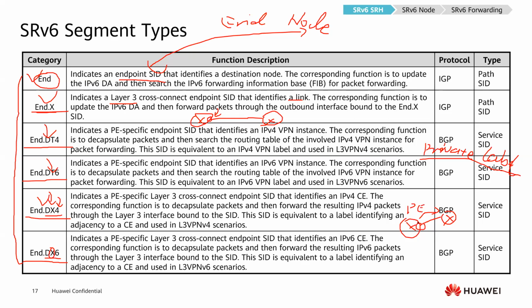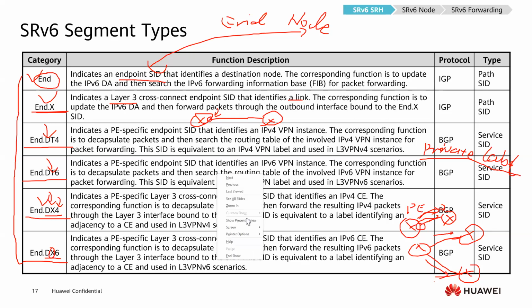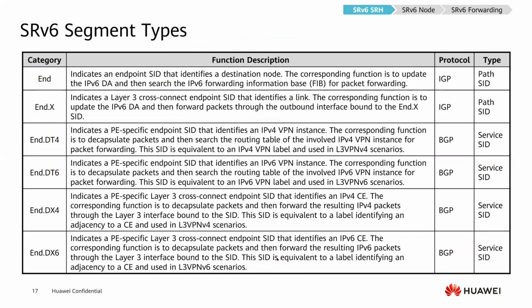If I want to send into the CE, I will use End.DX4 or End.DX6 to indicate which CE I should send into. And D means decapsulation. So End.X means I should forward to which P device or PE device, but End.DX4 and End.DX6 mean I should send into a certain CE. So it is different. Okay, now let's continue.